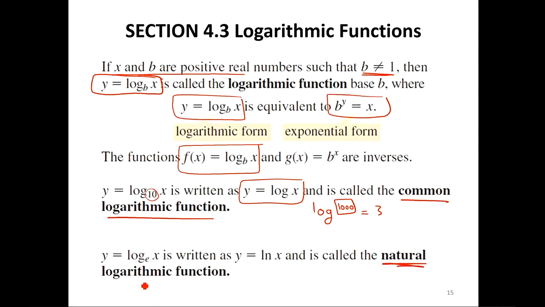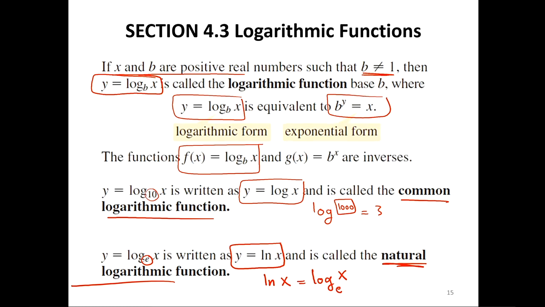Also, we have the natural logarithm. If we have logarithm with the base e, this is special. If we have base 10, this is the common logarithm, and we remove the 10. If we have base e, this is called the natural logarithm, and we remove the e and put ln. So ln x equals logarithm x to base e.